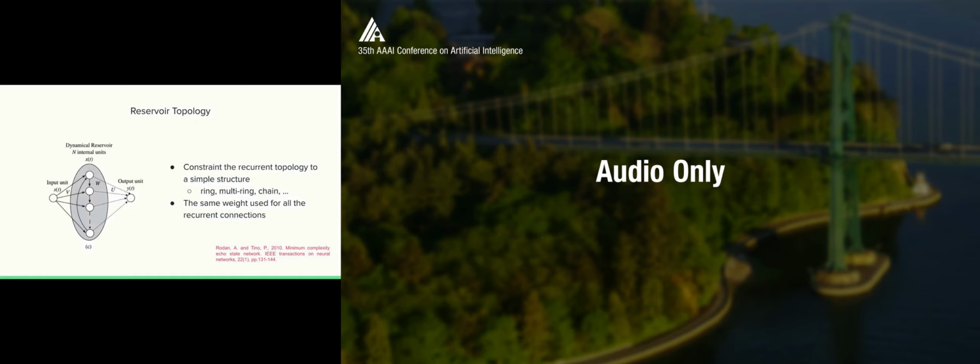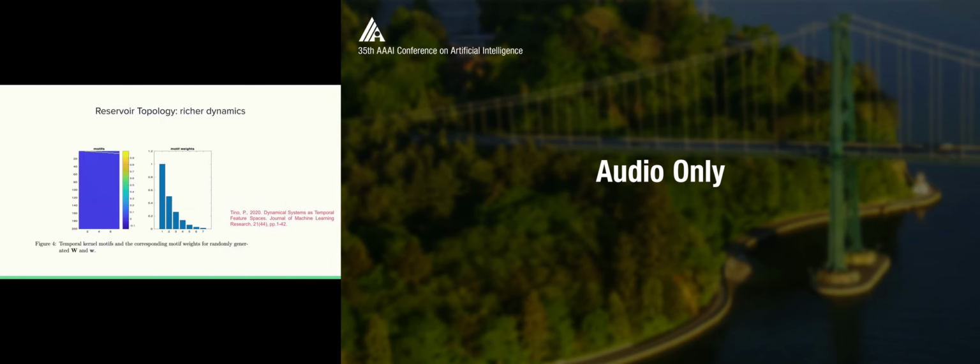Furthermore, you can actually use the same weight for all the connections in the reservoir. The units form a ring, a cycle, and all the connections in the recurrent part share the same weight. So the reservoir is no longer randomized, but it is still fixed, so untrained after the initialization.